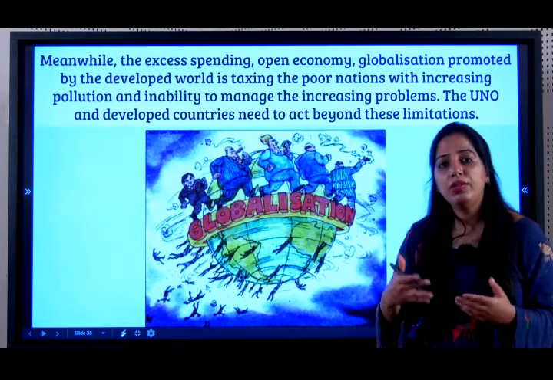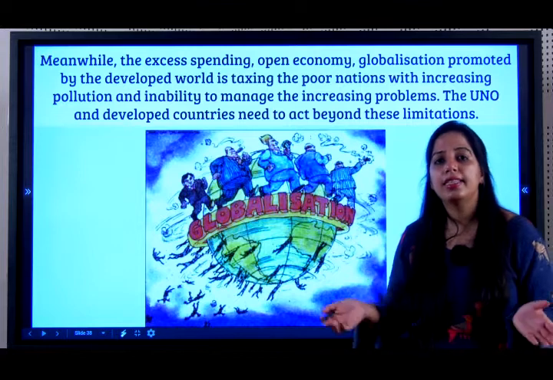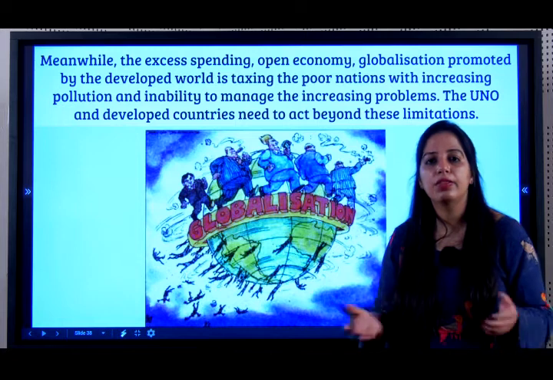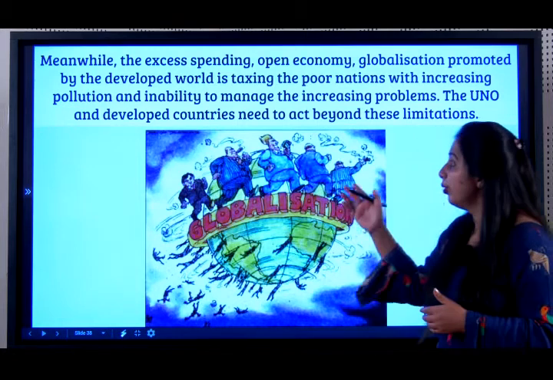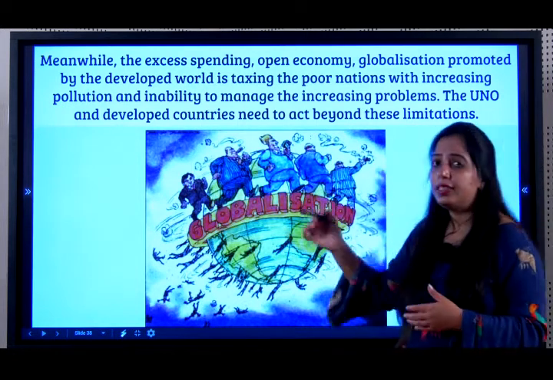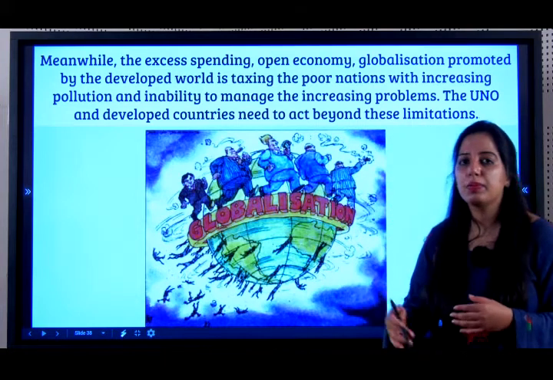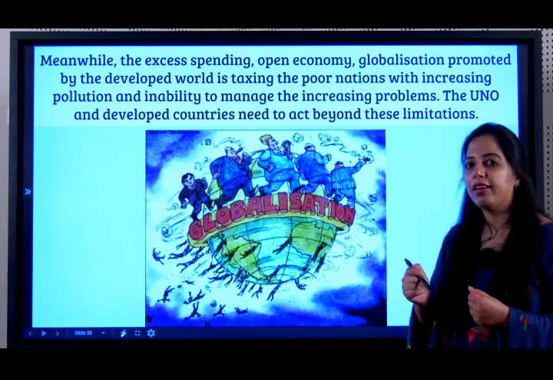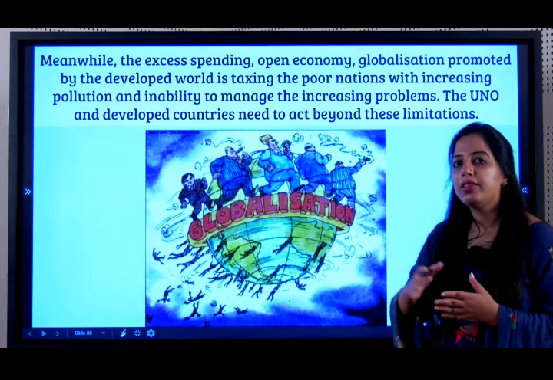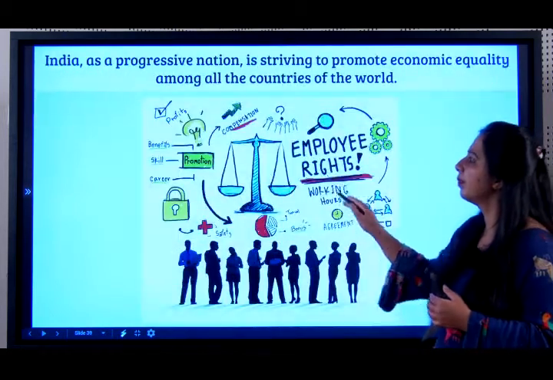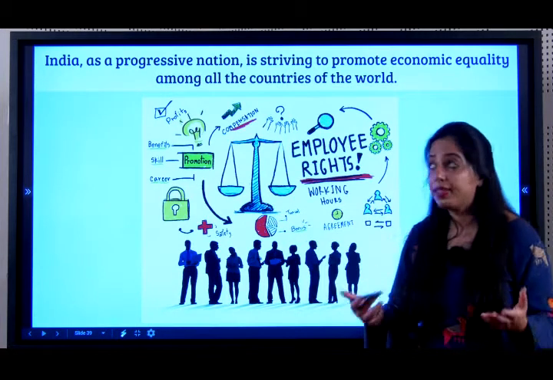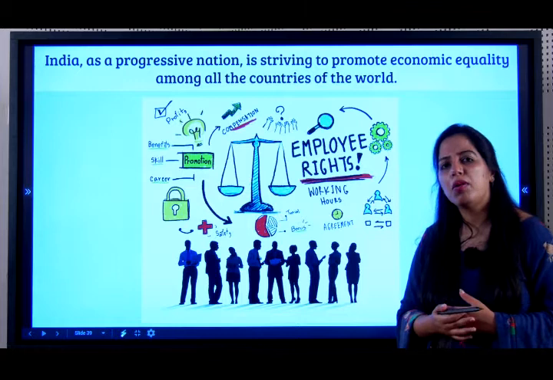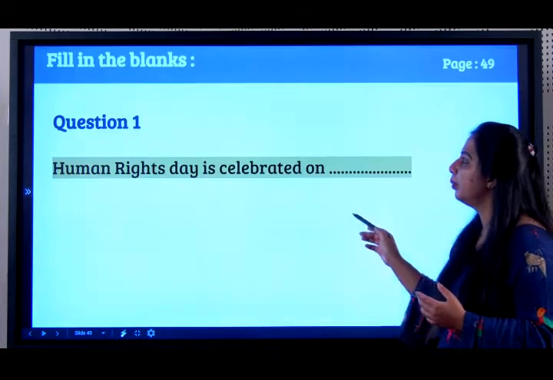So pollution of various kinds is happening, not just in India, in many other countries of the world as well. So the developed countries need to think and act responsibly towards developing countries. They are acting in a way that is not supportive. India is a progressive nation. It is striving to promote economic equality among all the nations of the world.